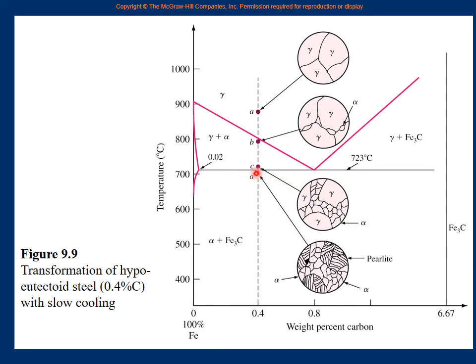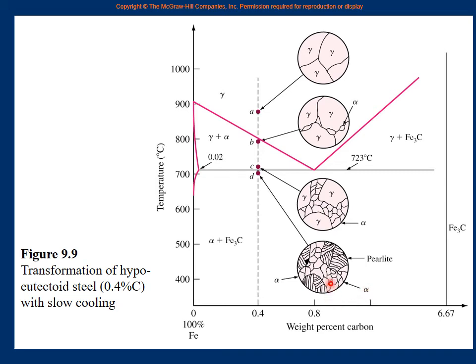Once you hit 723 Celsius or just below it, whatever gamma was remaining will change into alpha plus cementite, which is the perlite, right? So the pro-eutectoid alpha remains. Whatever rest is there, you convert into the other one, which is perlite. So this one and this one and this one will all become perlite now. So that is what we are showing.